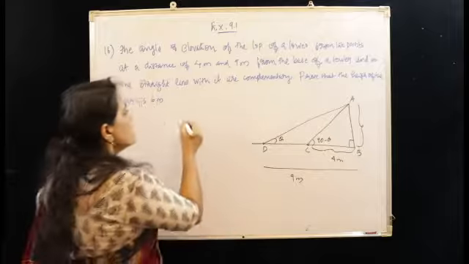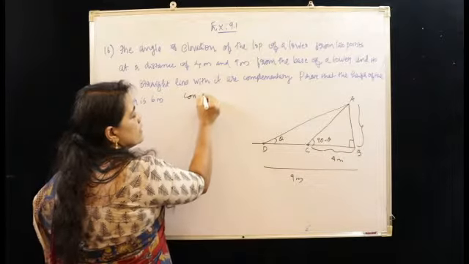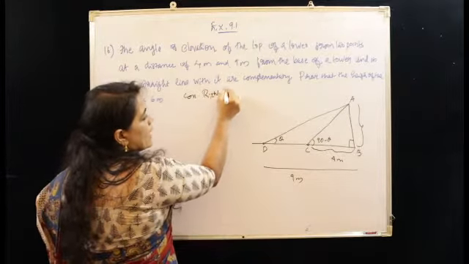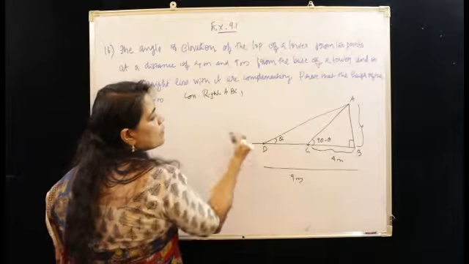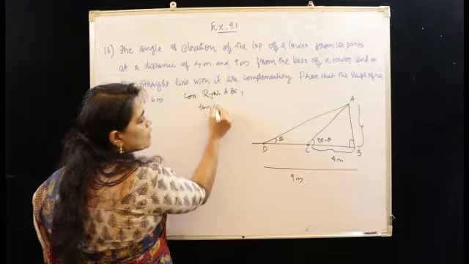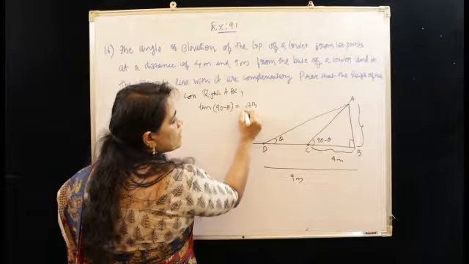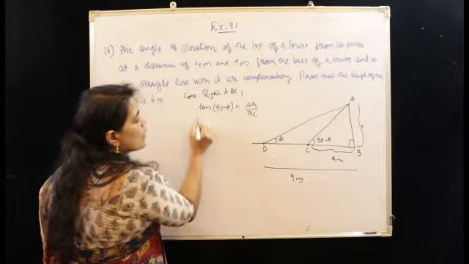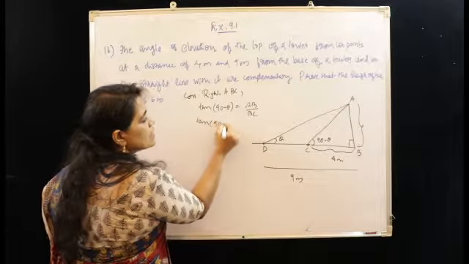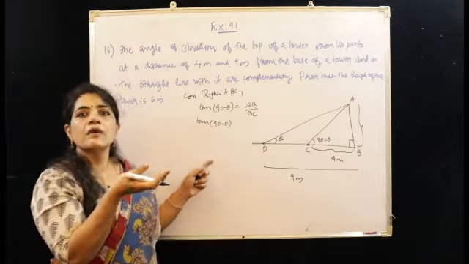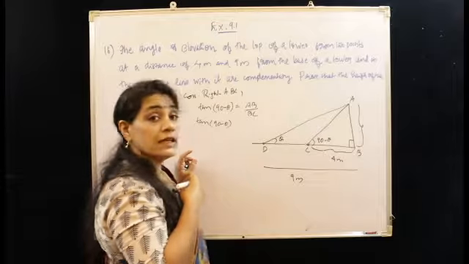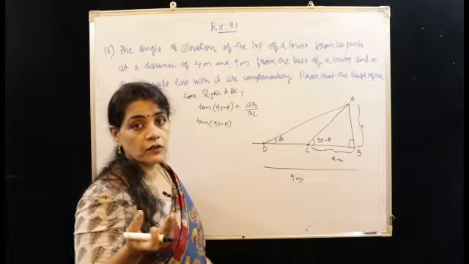Let us see, children. Consider right triangle ABC. We have tan of the acute angle 90 minus theta equal to the opposite side AB by BC. We can't substitute the value of tan of 90 minus theta, since we know only specific angles, that is 30, 45, 60.